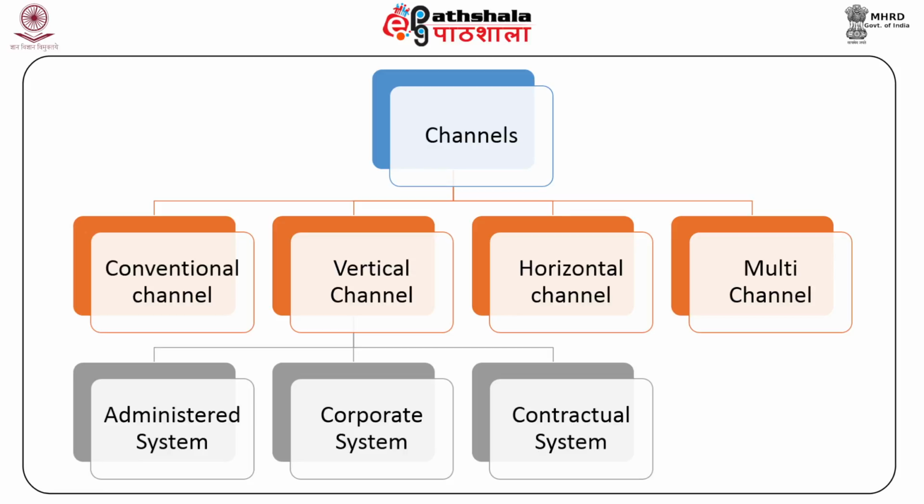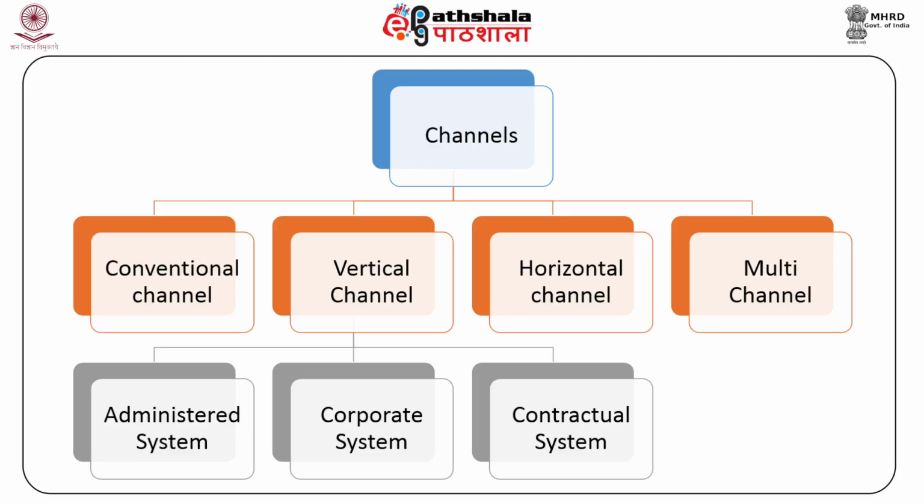The vertical marketing system arose as a result of strong channel members' attempts to control channel behavior and eliminate the conflict that results when independent members pursue their own objectives. For example, Coca-Cola operates through a vertical marketing system. There are three types of vertical marketing system which are very common.